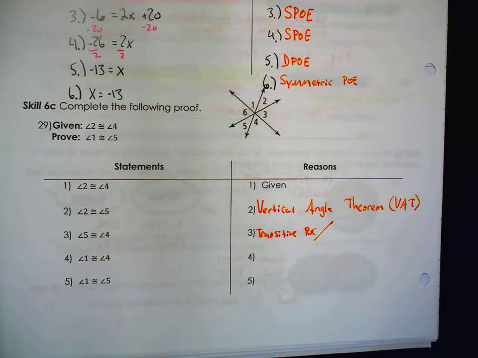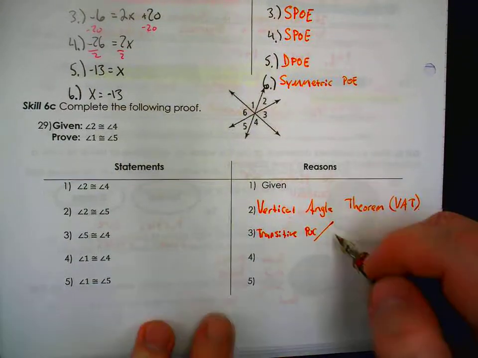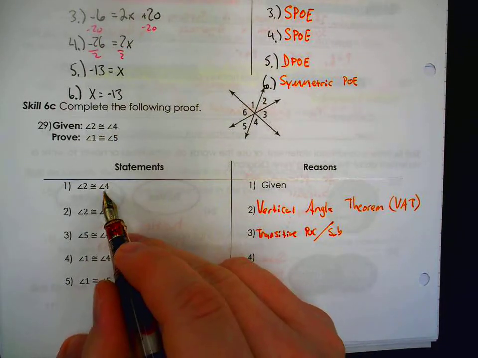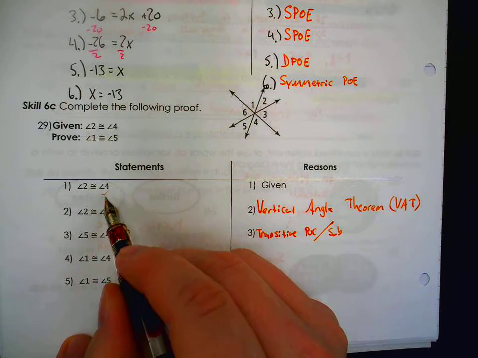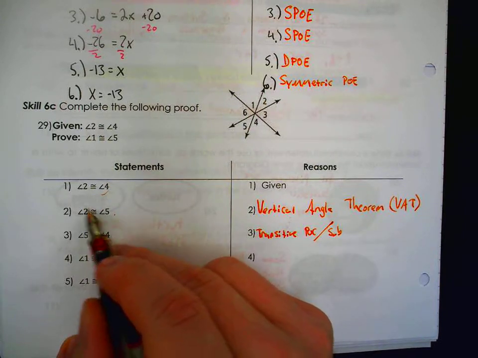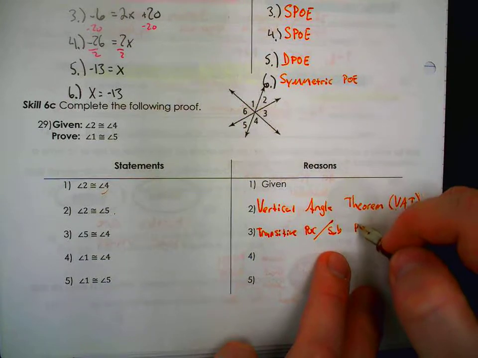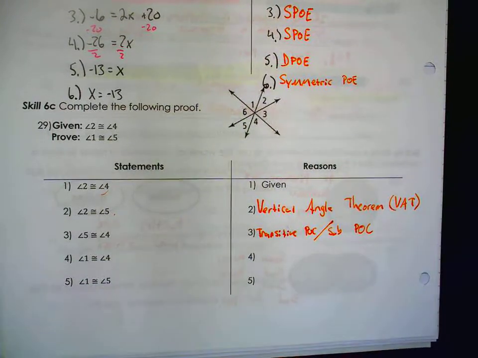However, this could also be the substitution property of congruence, because essentially what we're doing is we're substituting this angle 4 in for this 2 because the 2 and the 4 are congruent. In general, anytime you could use transitive property, you can also use substitution. The reverse is not true. Transitive cannot always be used where substitution is.